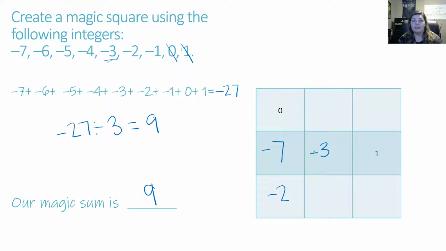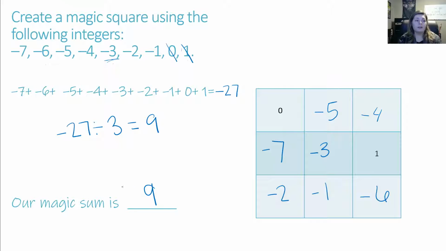We know that 7 and -3 and -7, -3, and 1 would equal 9. So that's one row and one column done. What numbers could I add together now? Maybe 5, -3, and -1 would equal 9. And then -4, 1, and -6.